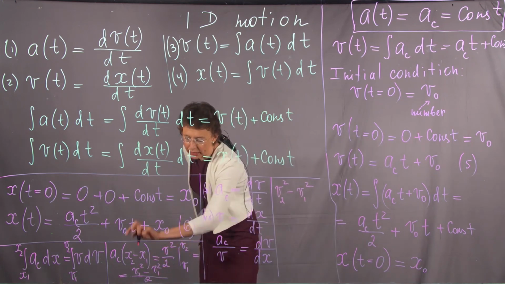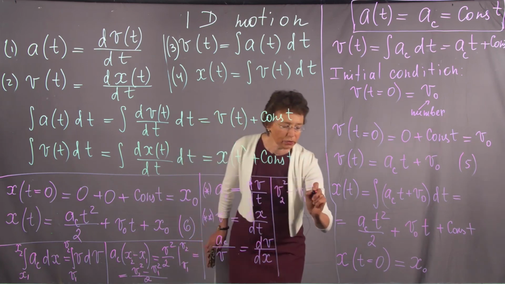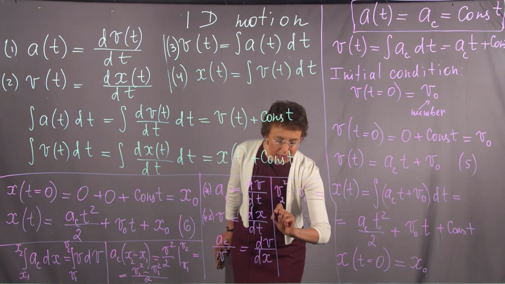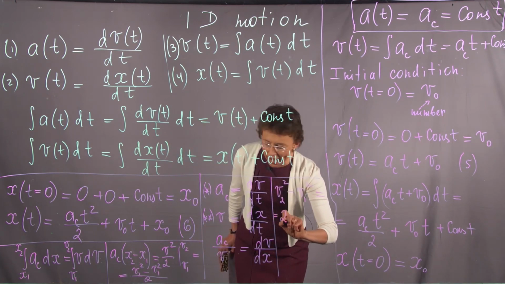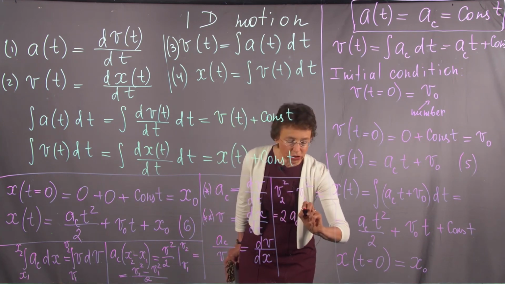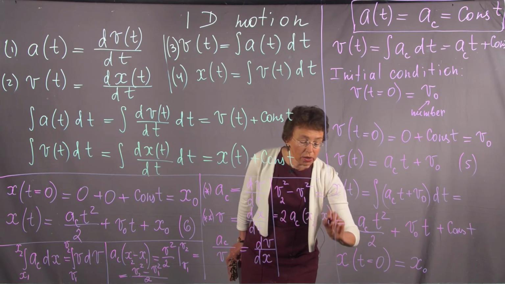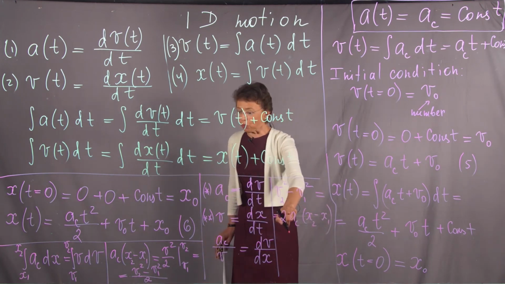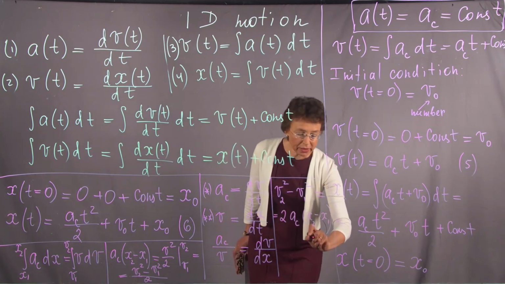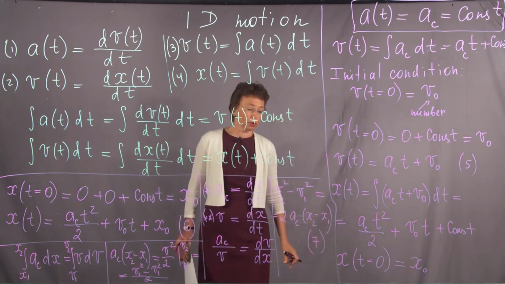This is one side of the equation. The 2 goes to the other side of the equation, so it is equal to twice a_c times x2 minus x1. This is formula number 7 that you can add to your list of formulas.